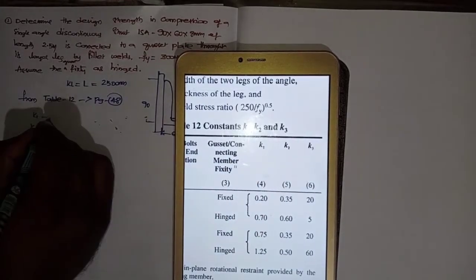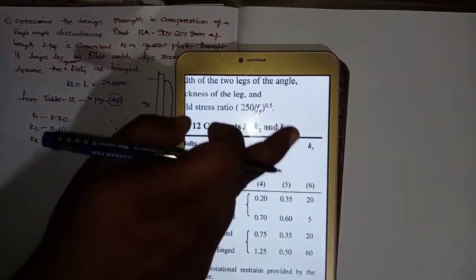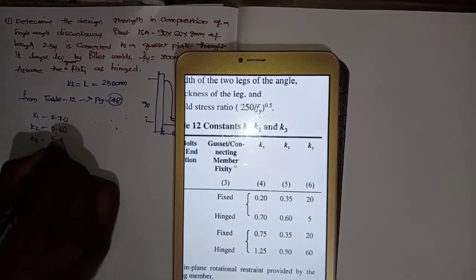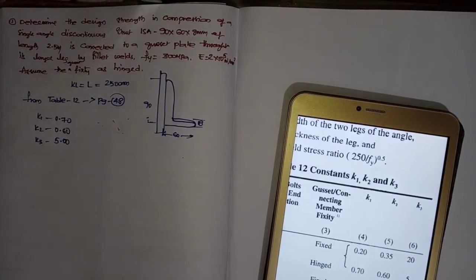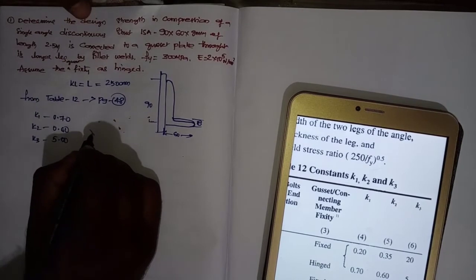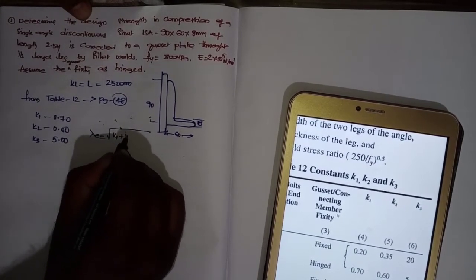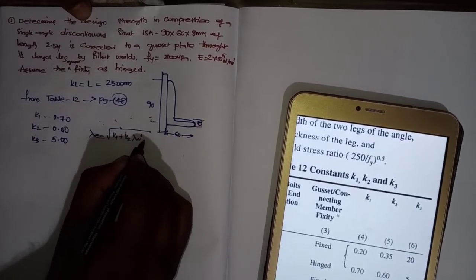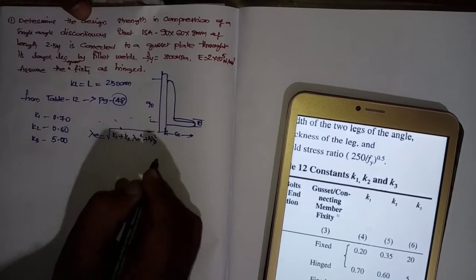K1 0.7, K2 0.6, K3 5. Next, first we write the formula: lambda equals under root of K1 plus K2 lambda VV square plus K3 lambda phi square.